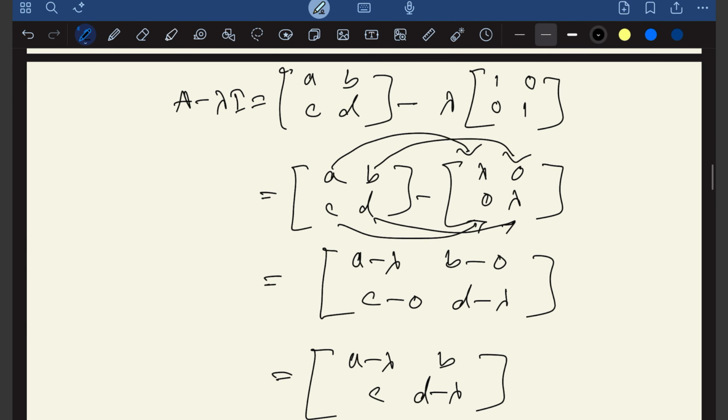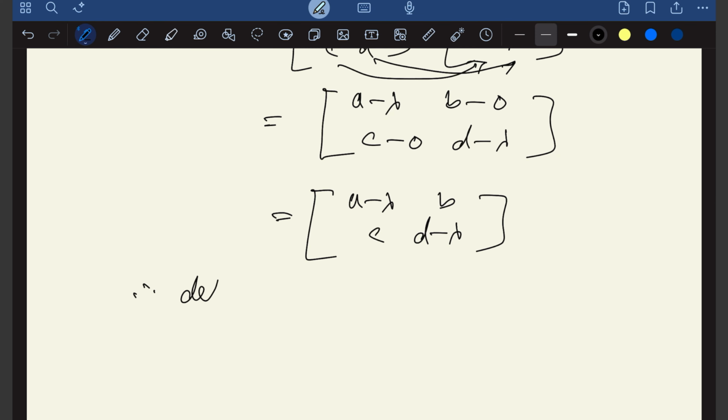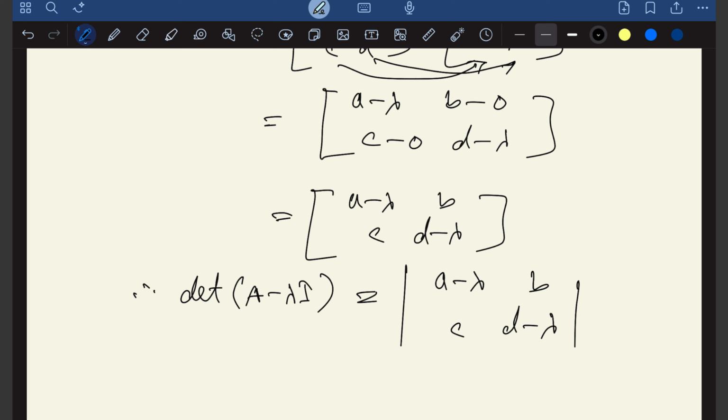Therefore the determinant of A minus lambda I will be the determinant of the matrix a minus lambda, b, c, d minus lambda. How to find this determinant?